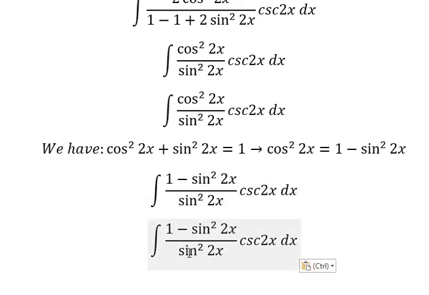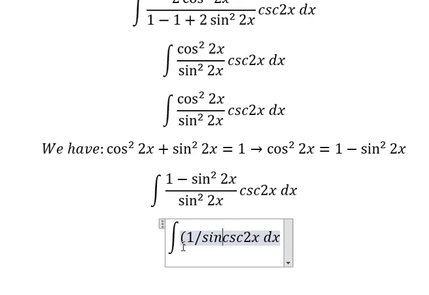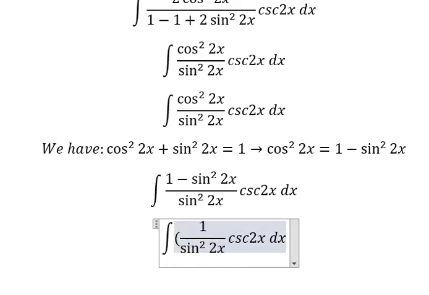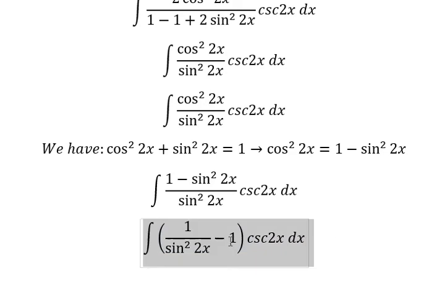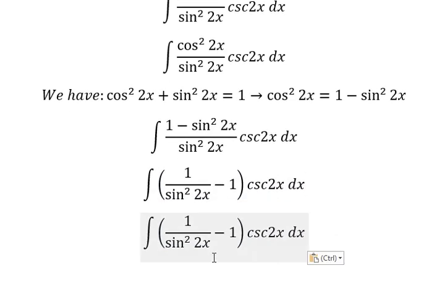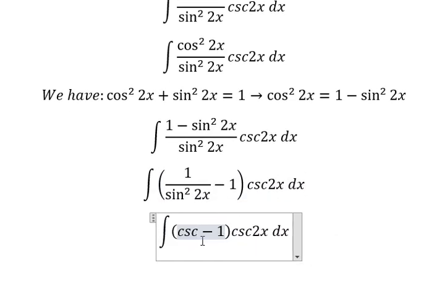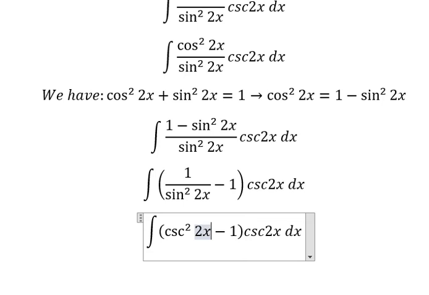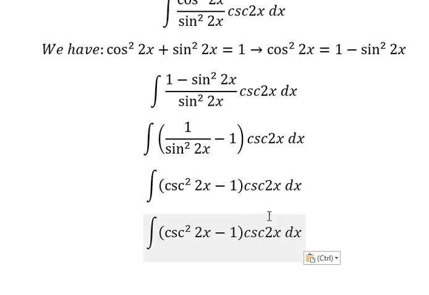So we have 1 divided by sine 2x squared, and sine 2x squared divided by sine 2x squared. And this one you get cosecant of 2x squared. Cosecant of 2x multiplied by cosecant of 2x squared and number 1.